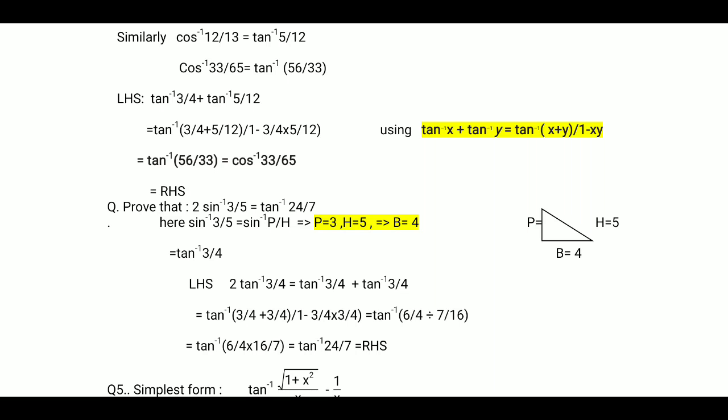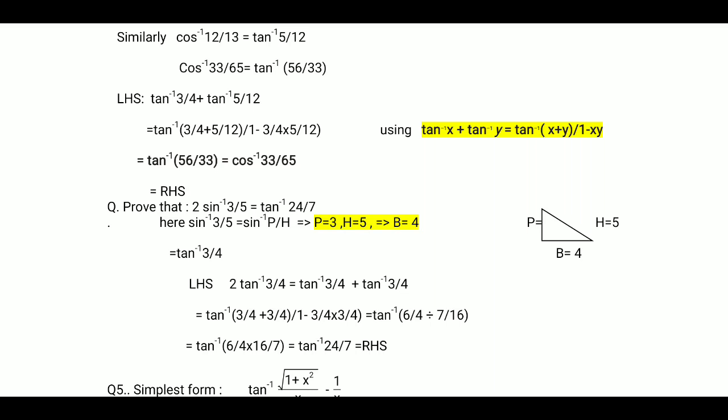Now one question I have taken: prove that 2 sin inverse 3 by 5 is equal to tan inverse 24 by 7. Here the question is in the form of sin inverse 3 by 5, that means sin inverse perpendicular upon hypotenuse. So drawing the triangle, we get perpendicular is 3 and hypotenuse is 5, then after calculation we get the base of the triangle is 4.